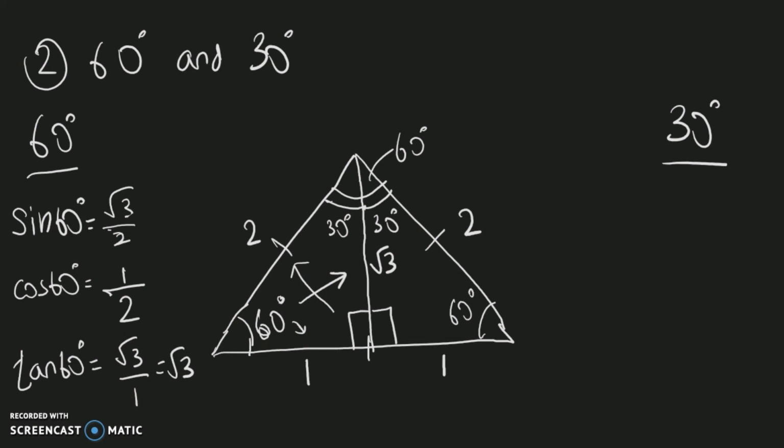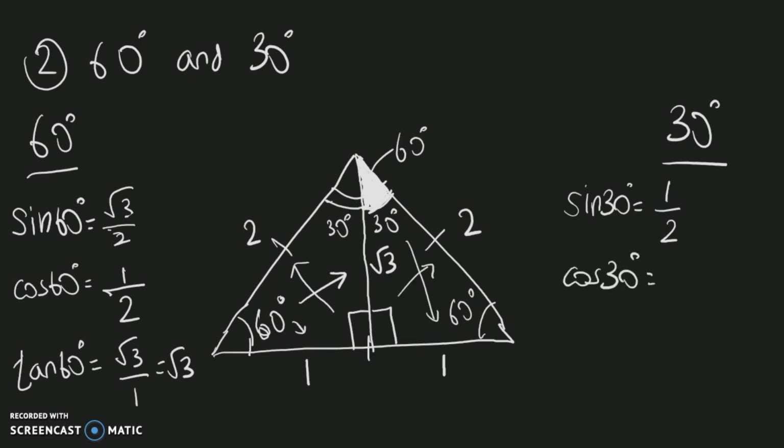Now for 30 degrees, the sine of 30, let's take this angle. The sine of 30 degrees is the opposite over the hypotenuse. Cos of 30 degrees: the adjacent is the square root of 3, and the hypotenuse of this triangle is 2.